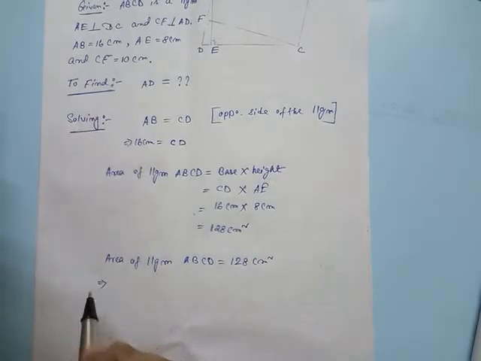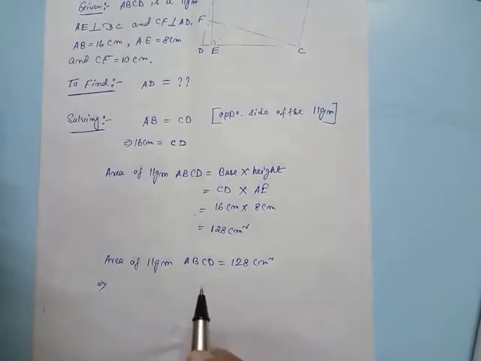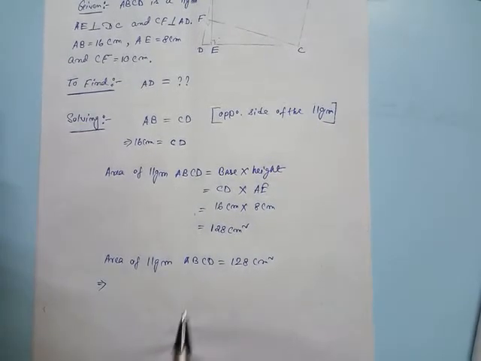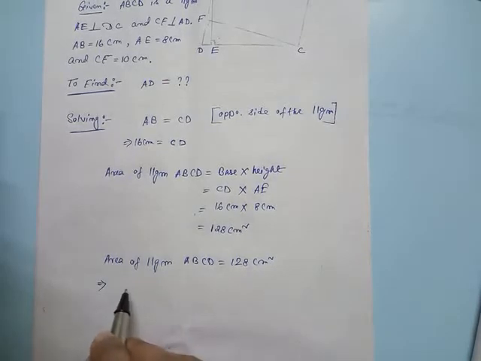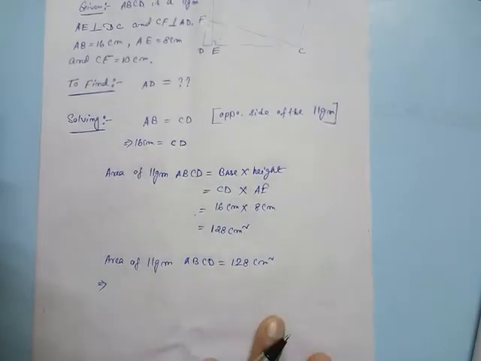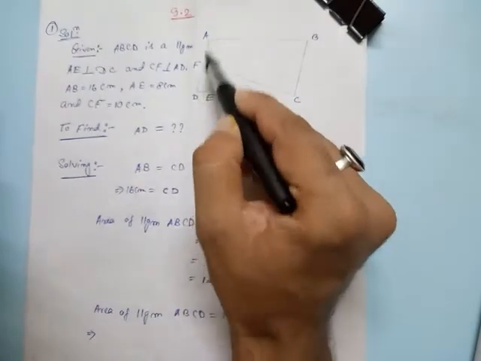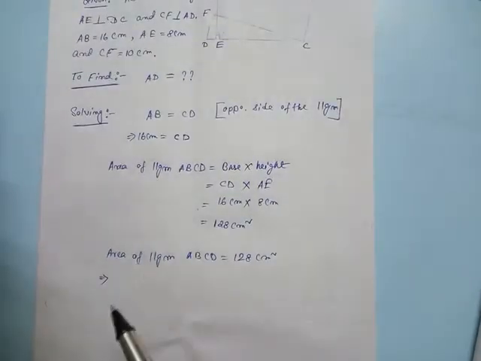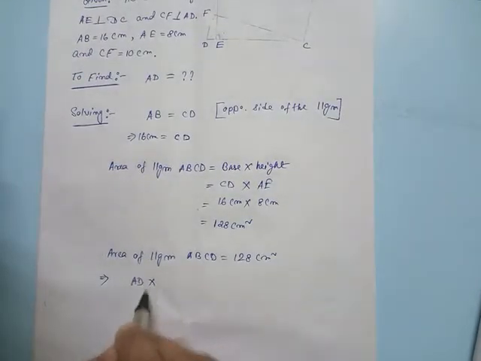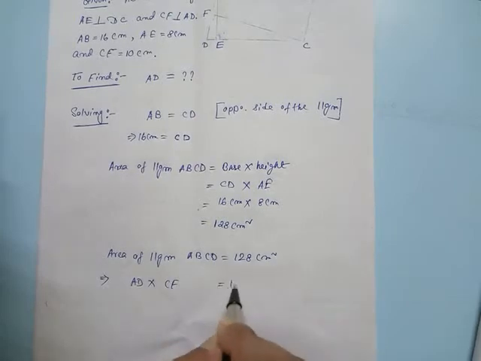Now here the formula of area of parallelogram is base into height. In this case particularly, look here in the diagram, the base is AD and height is CF. So I will write here AD into CF equal to 128 cm square.